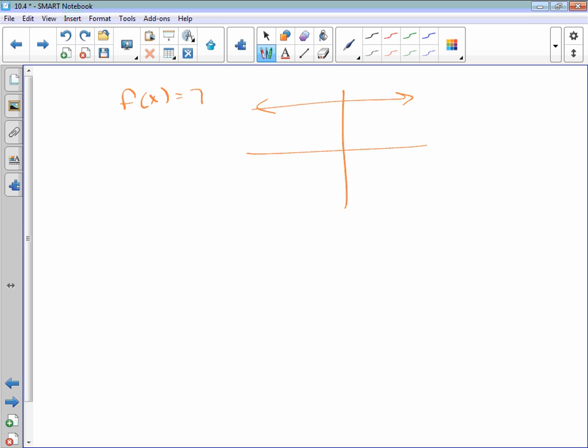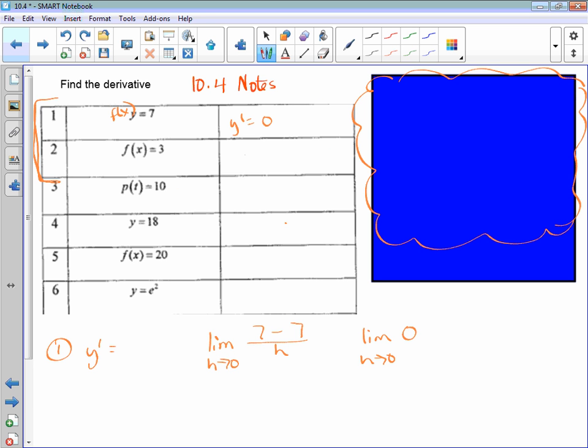If I ask you f of 1, what are you going to tell me? 7. If I ask you f of negative 73, what are you going to tell me? 7. So f of x plus h is 7. So when it's a constant like that, your derivative is always 0.